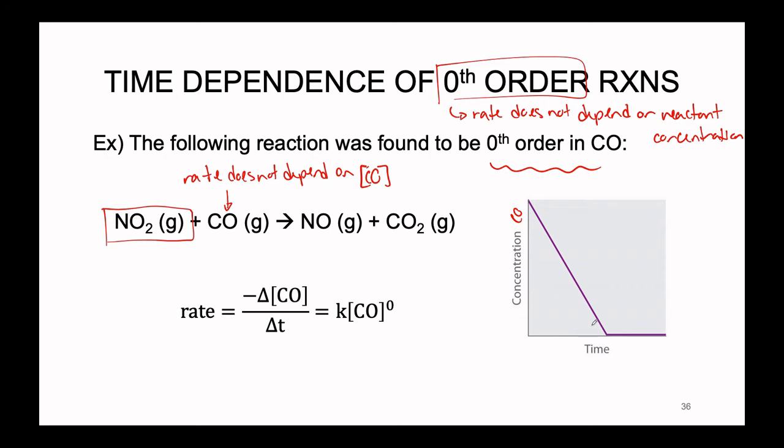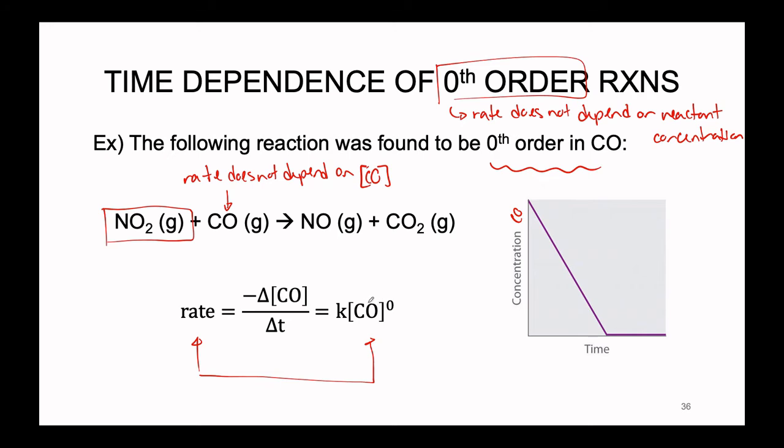So in order to approach rearranging and solving for the relationship between concentration and time, our math actually works out a little bit more simply. The derivative is a little bit easier because the rate, as we can see here, explicitly written, is dependent on concentration of CO to the zero.